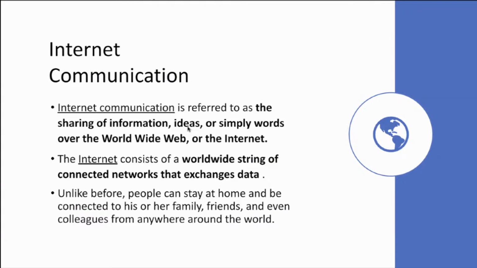Unlike before, people can stay at home and be connected to his or her family, friends, and even colleagues from anywhere around the world. So that's the main thing of internet communication.